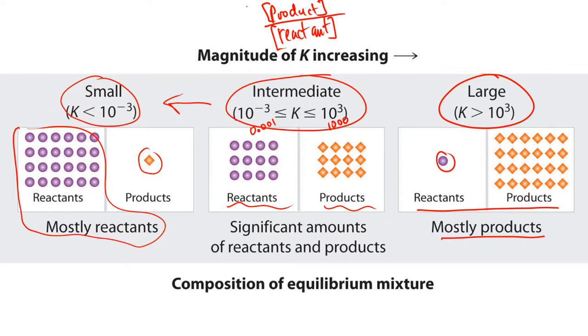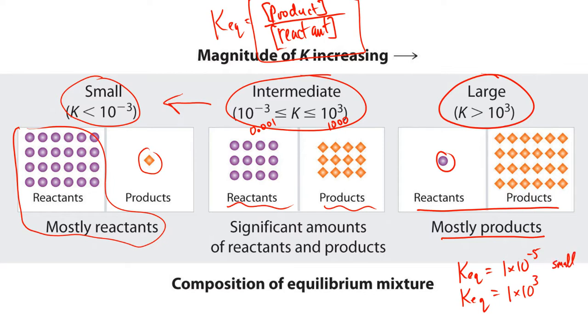So it all comes down to this ratio at the top here, how we actually calculate KEQ. Now, what does that number tell us? Don't worry about specific numbers yet, but just look at the general size of them and try to start understanding what that general size helps us understand, okay? So for example, if I had 2 different reactions, and one of them had a KEQ value of 1 times 10 to the negative 5, and one of them was 1 times 10 to the 3, well, we have one that's very, very small, one that's definitely larger, okay?